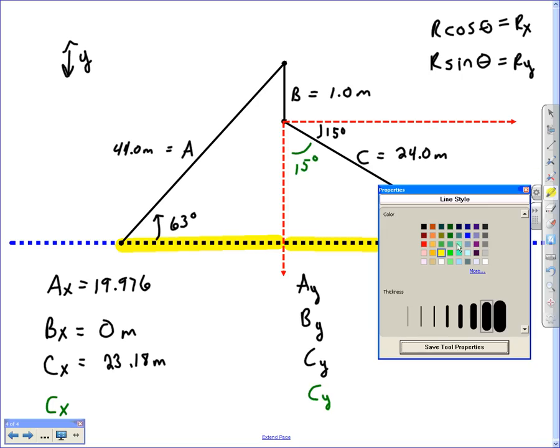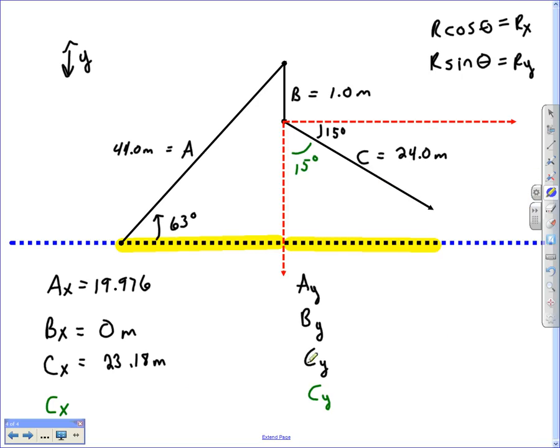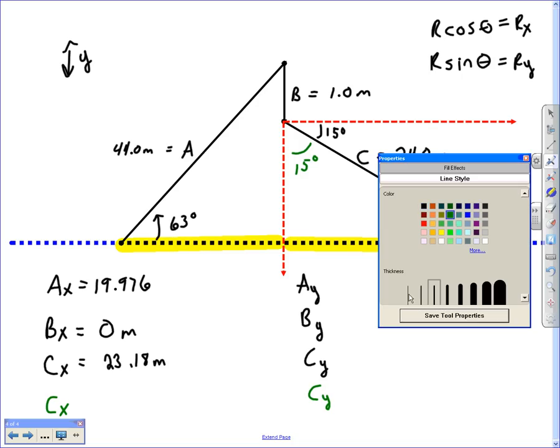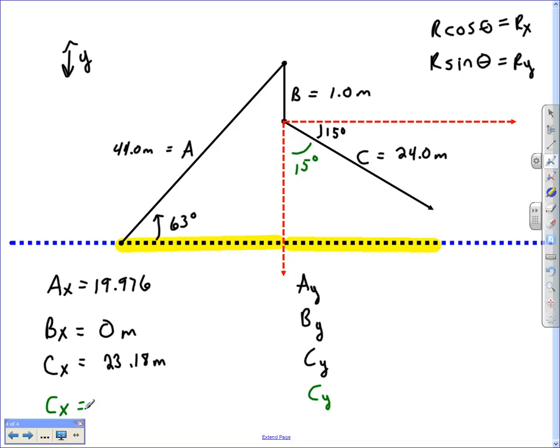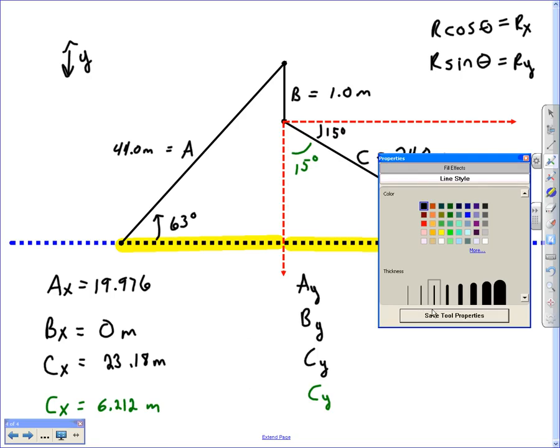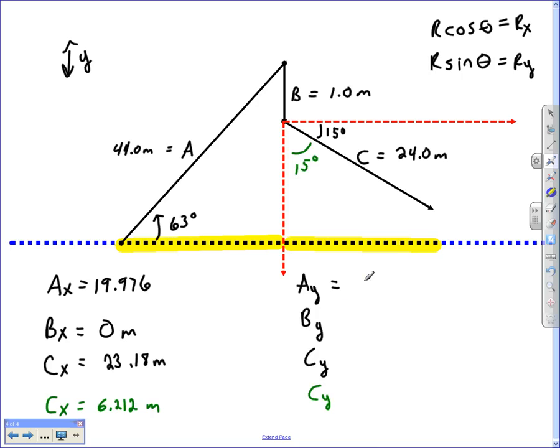Now for our Y, and I'll add in right now that the CX for the alternate method should have been 6.212. AY should have been 39.204.